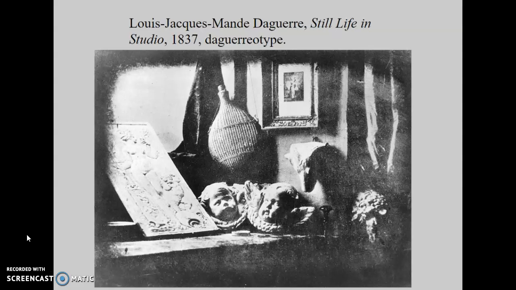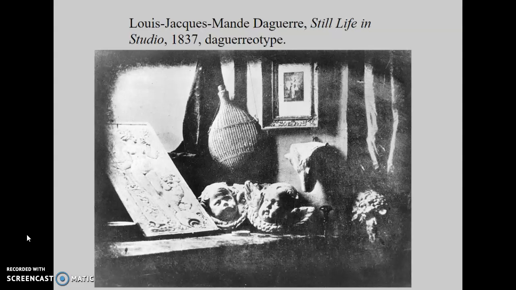And that plate is then placed in the camera and exposed to light. This creates a latent image, which is not visible to the naked eye, but which can be treated with fumes of mercury, which causes that image to become visible.